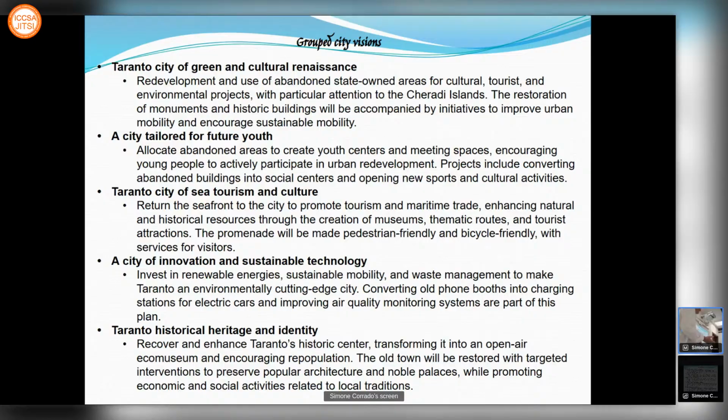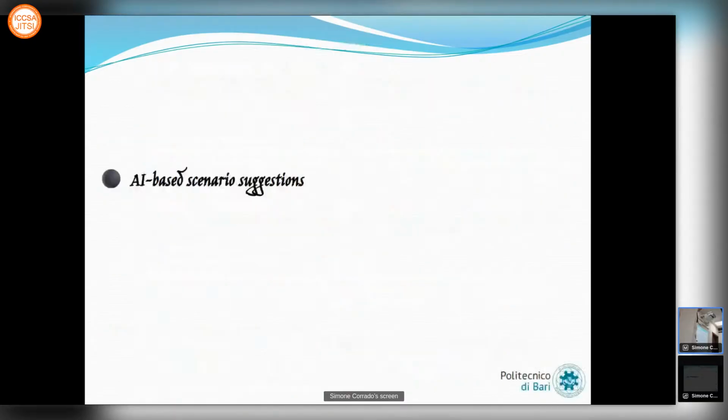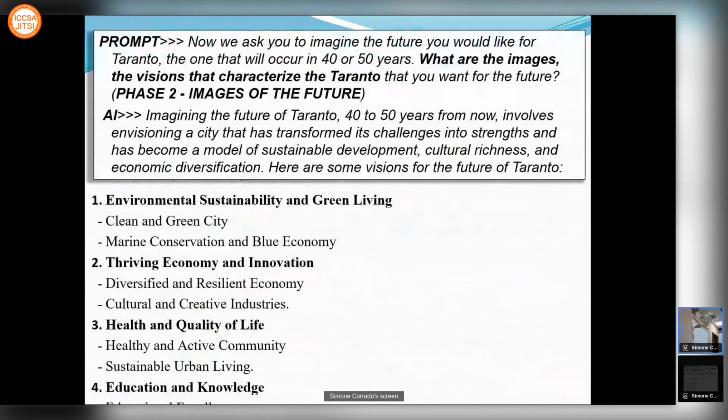And let's see what happens, asking, in the first step of our long-term research, the AI respondent, let's say, suggestions, as we call it. We made precisely the same questions that were made to people.